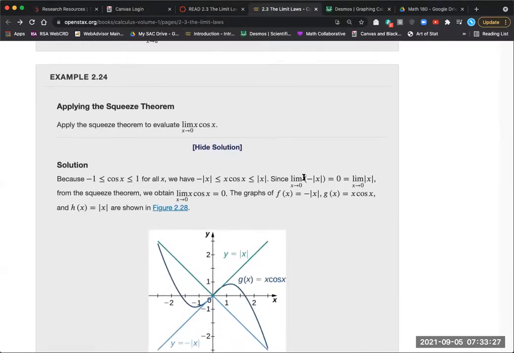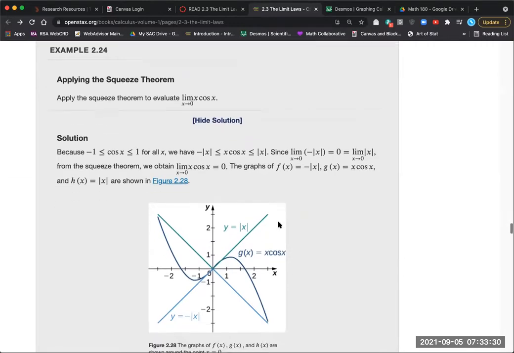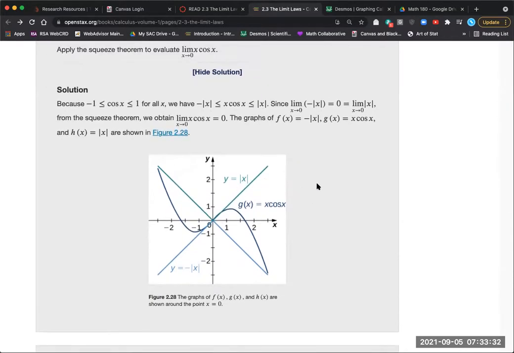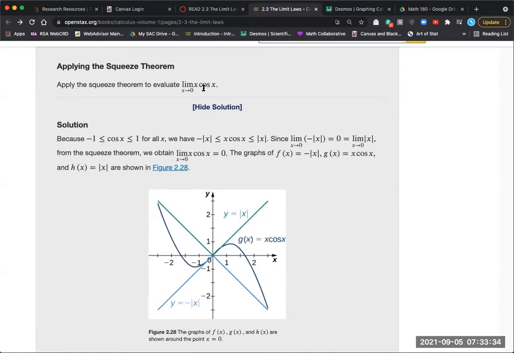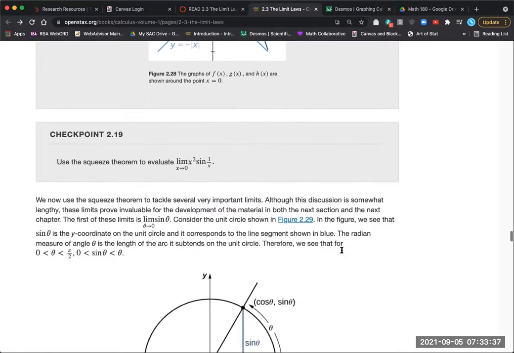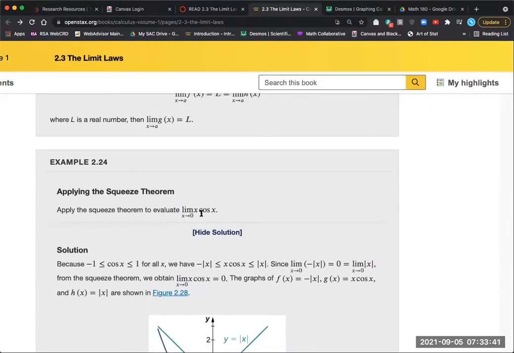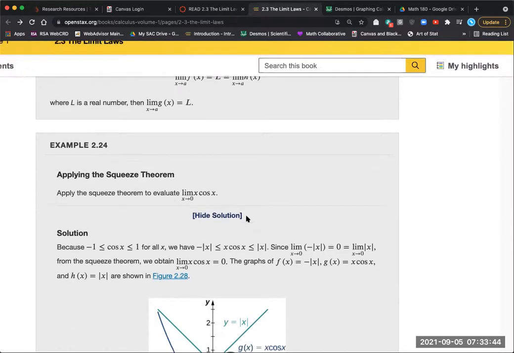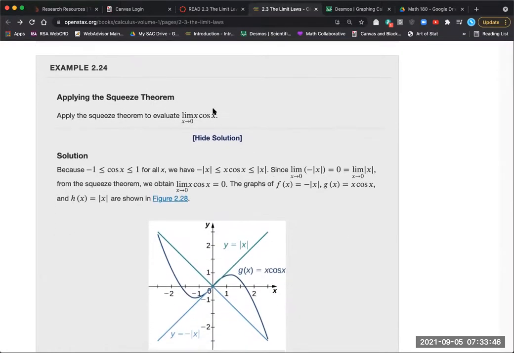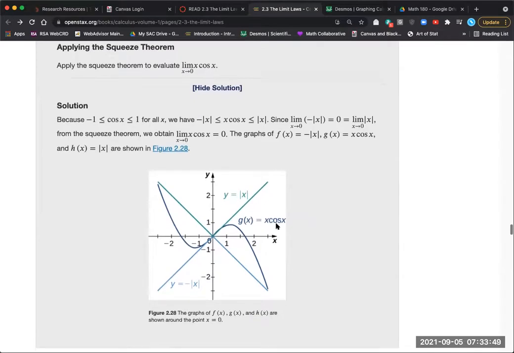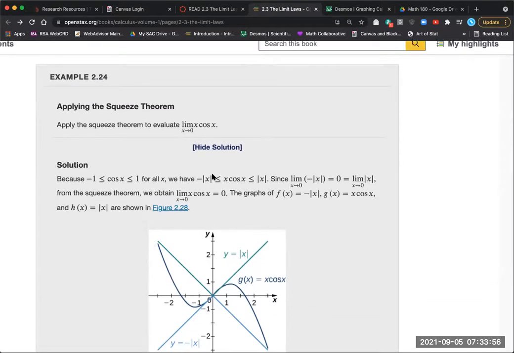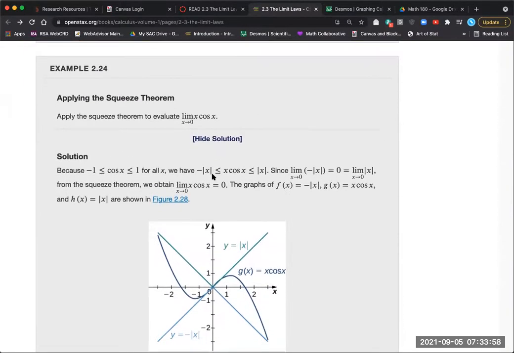But we can see, here's a graph we have here. So we look at it, we have 2 functions. And so this x cosine x, the limit of that, it's tough to evaluate as x approaches 0, because when you plug it in there, okay, we can take a look at the graph of x cosine x, and then what we try to do in this case is find functions that this is in between.